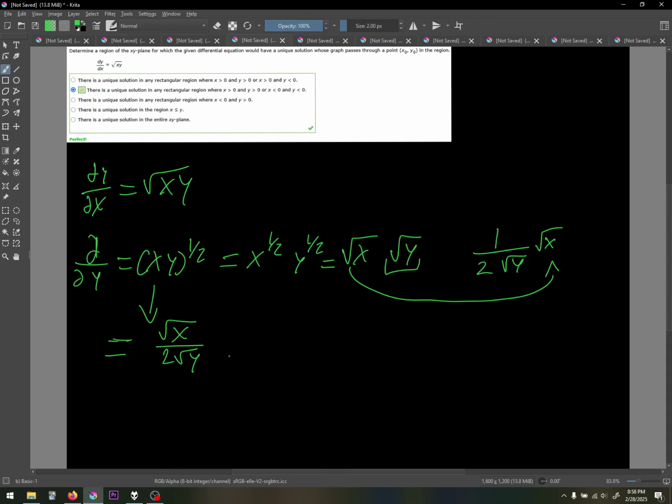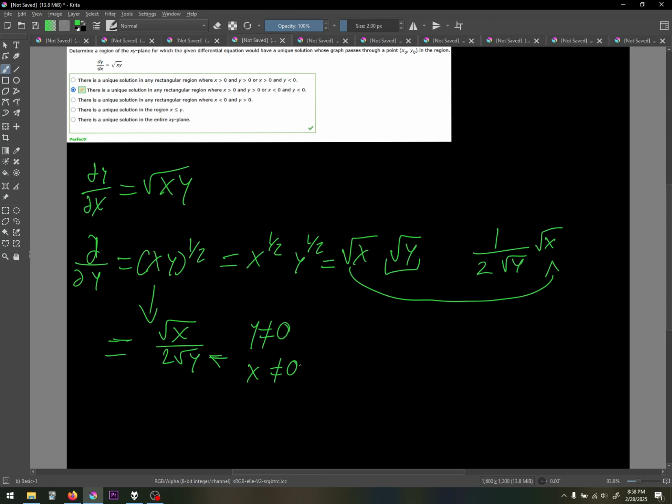So with this, all right, existence uniqueness theorem. So we see this y in the denominator here. So we know that this y cannot be 0, because then it would be dividing by 0. And x also cannot be 0, because that would give us, I think it would be undefined.